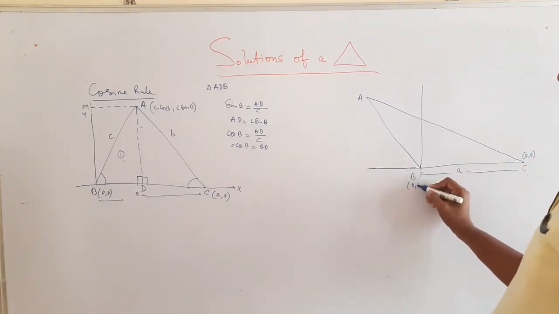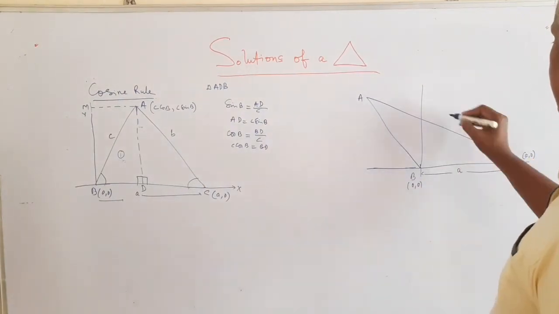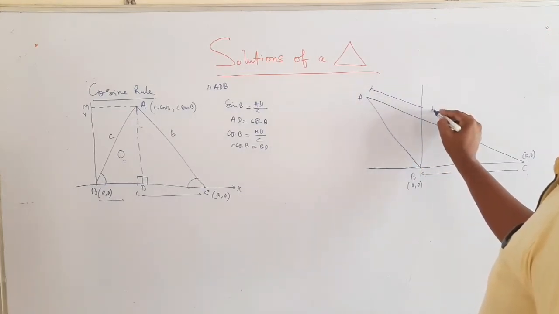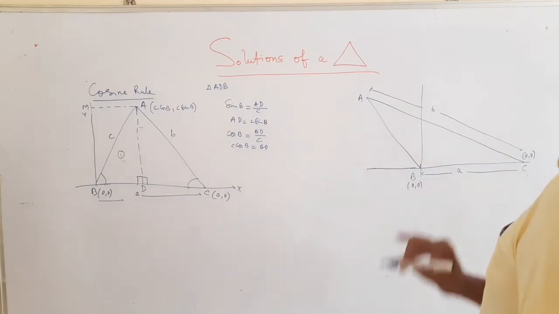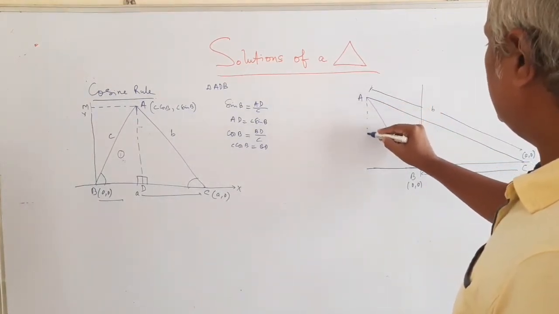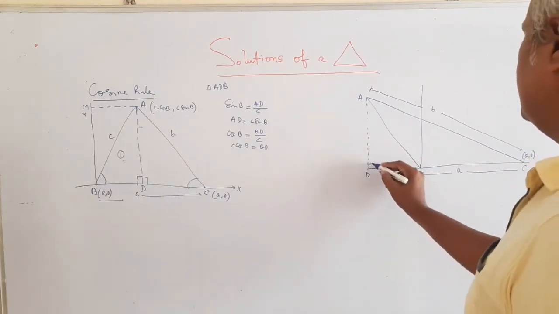We are considering this as origin, so this is (0, 0). And this is small b. If I drop a perpendicular here, I name it AD. This is 90 degrees.